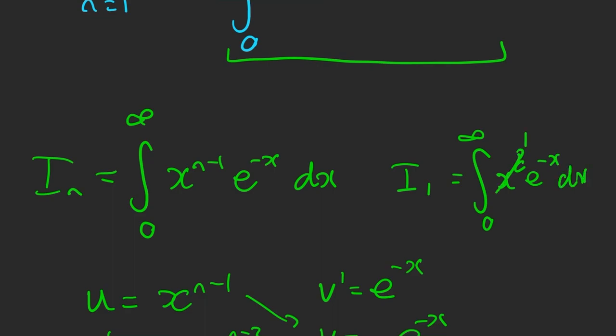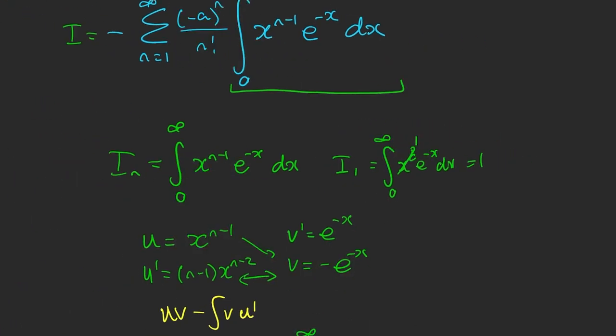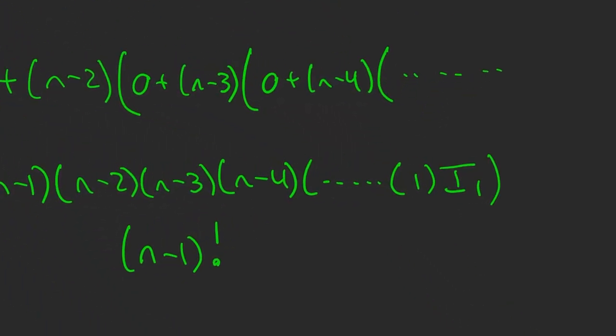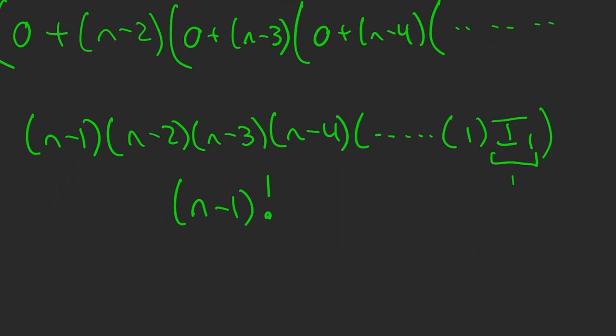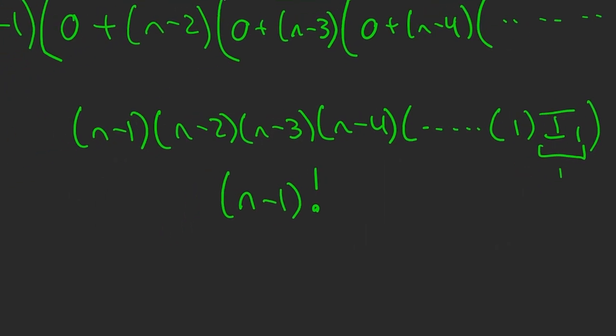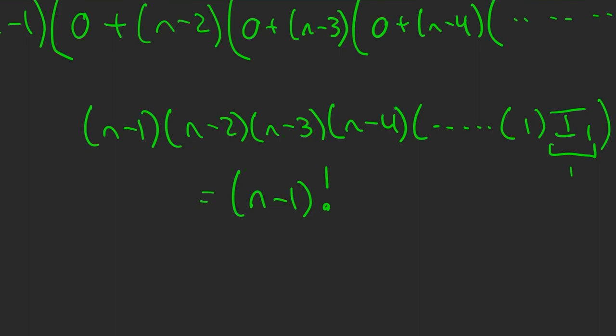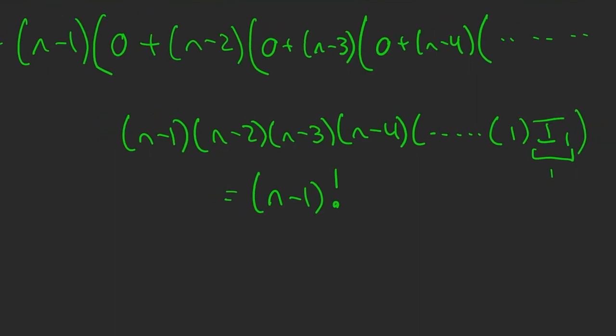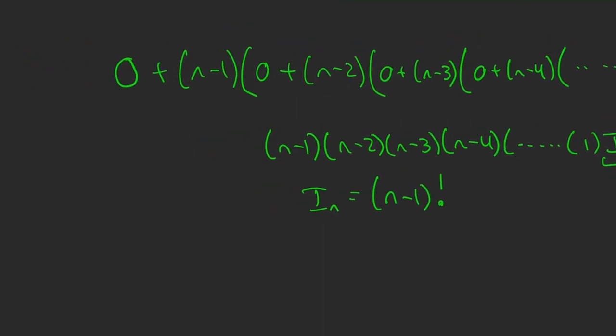X to the 0 is of course just 1, and this whole integral evaluates to 1. So I of 1 is equal to 1, and we're just timesing it by 1. So it's just equal to n minus 1 factorial. Great. We've just evaluated I of n, and we got n minus 1 factorial.